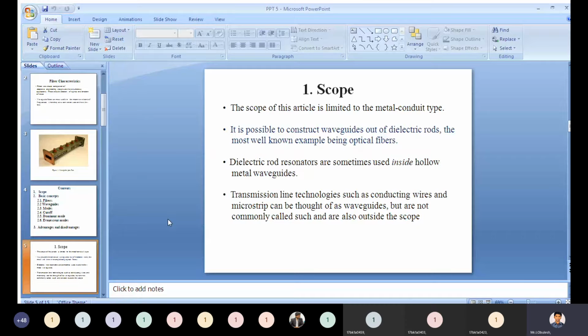The subject is outside the scope of the article, with the exception that dielectric rod resonators are sometimes used inside hollow metal waveguide. Transmission line technologies such as conducting wires and microstrip can be thought of as waveguides, but are not commonly called such and are also outside the scope.